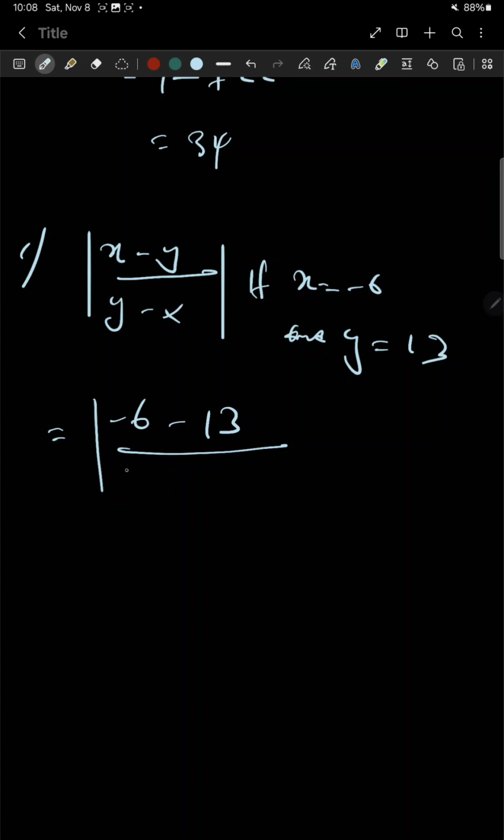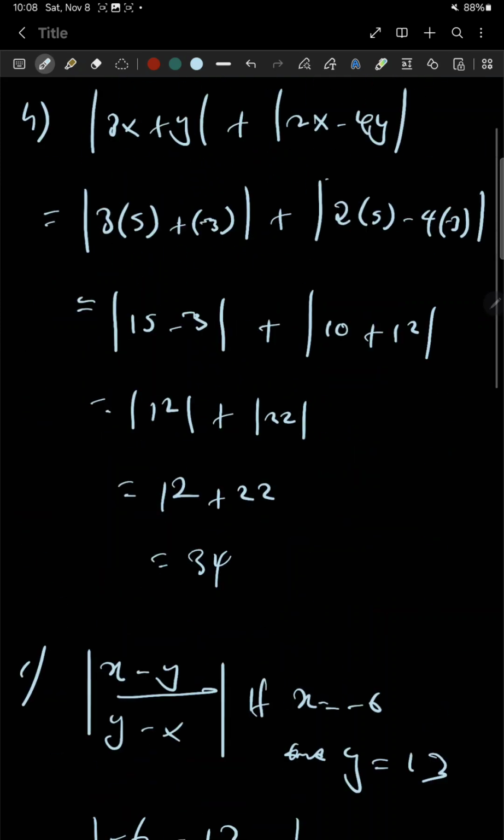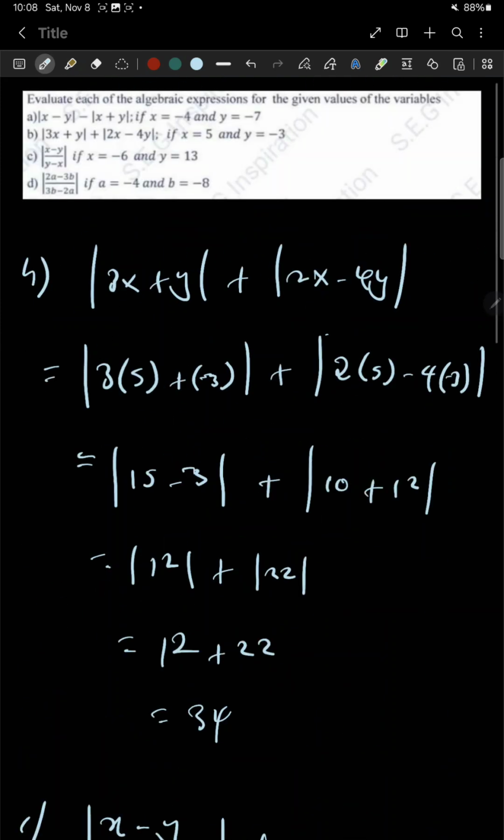So I'm replacing, if you can see. So the answer will be -18 over positive 19, something like that. Yeah, that will be positive 19.